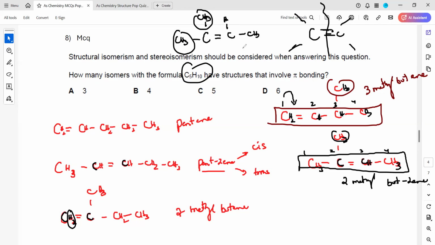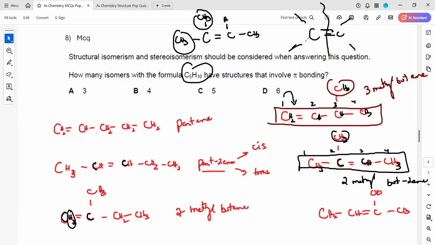It should be a different group attached. And if I change the position, it won't make any difference. For example, what if I draw another structure like this and CH3 on this one? It will not make a difference. It's actually the same structure.